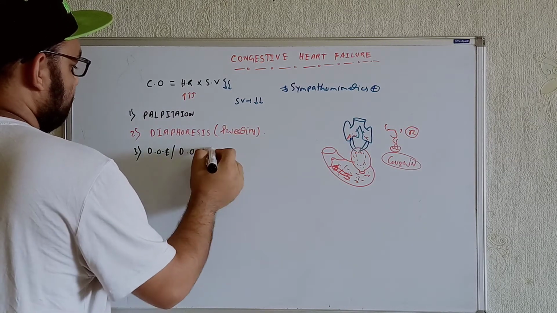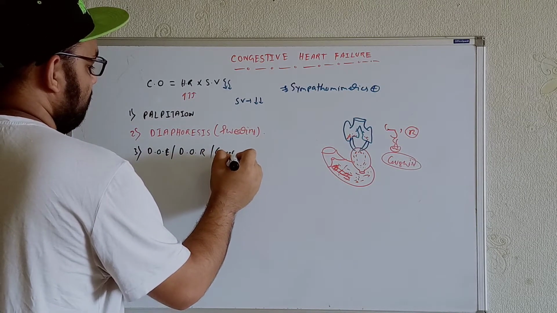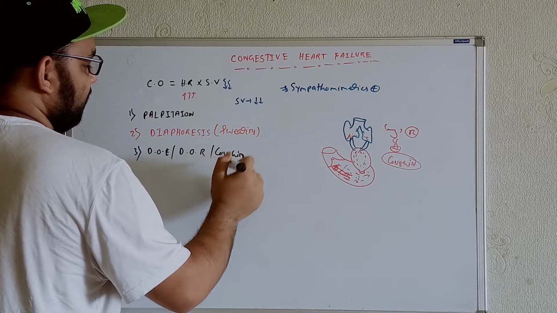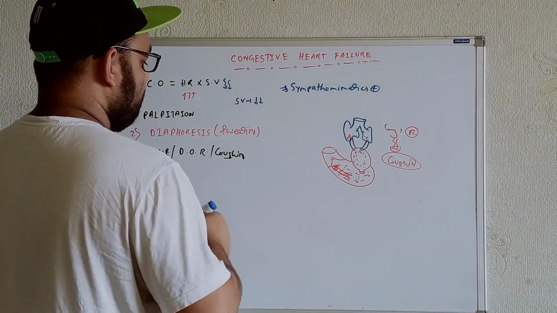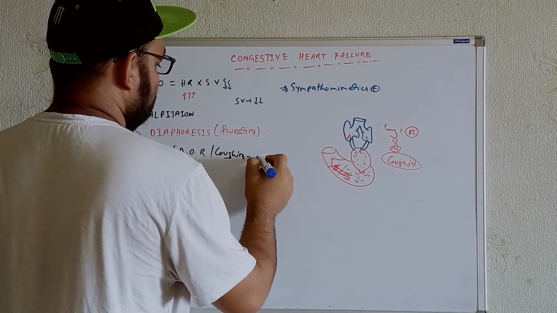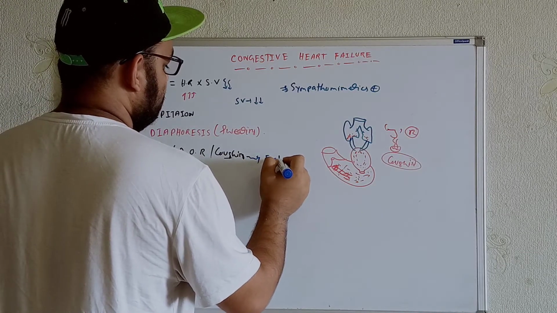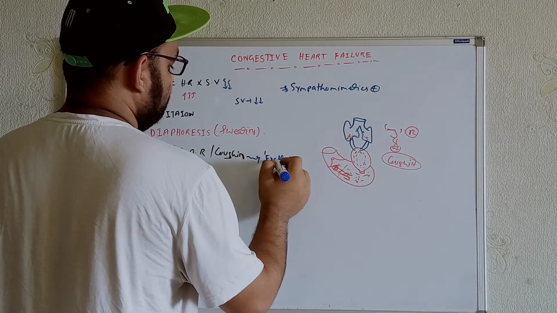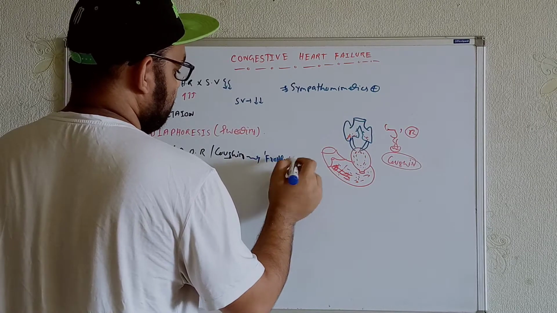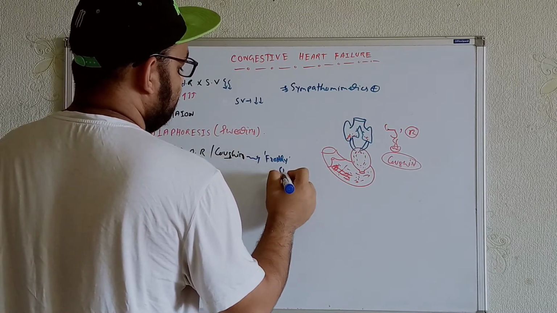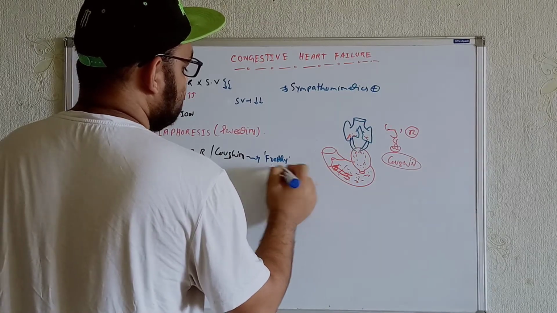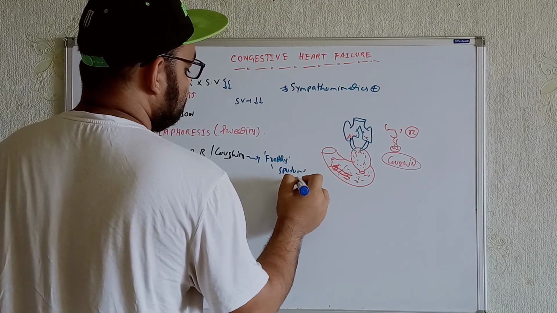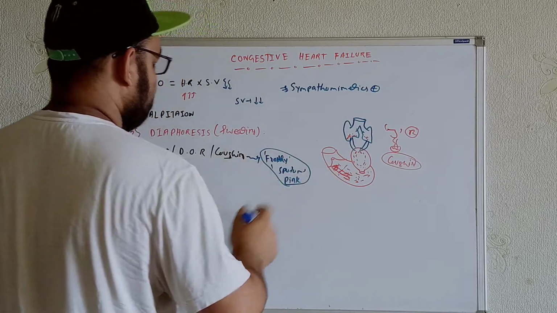Let's write it over here: we'll get the coughing. And on top of that, the special feature is sputum. Now this is the pink colored sputum. Sometimes we can also see these things.